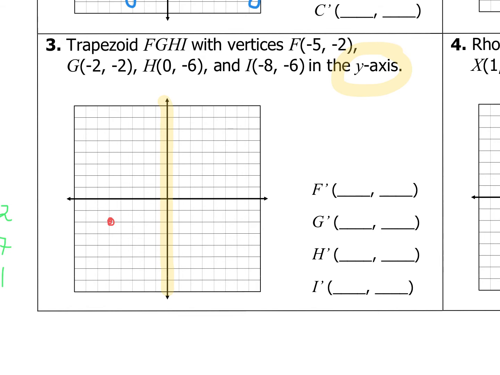So here's F. Your G is -2, -2. Your H is 0, and then down 6, which puts you here. And then your I is left 8, down 6. So connect those with a straight edge.